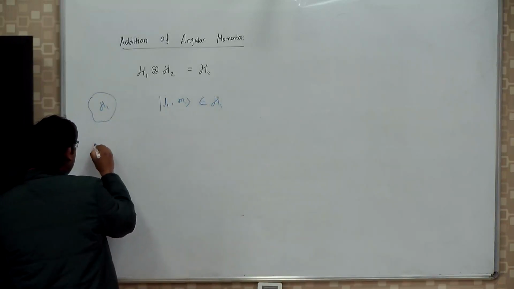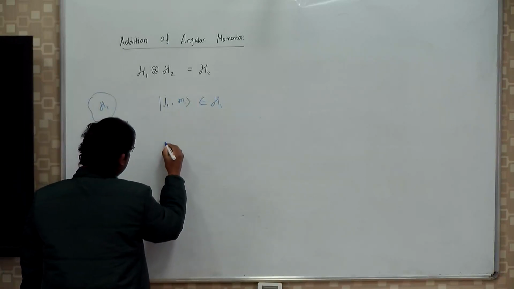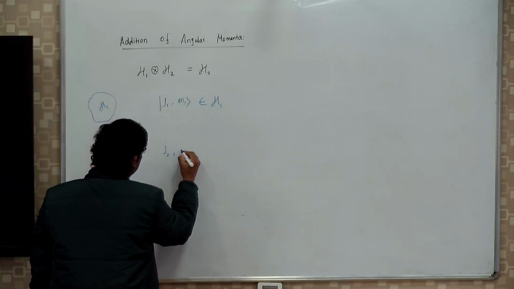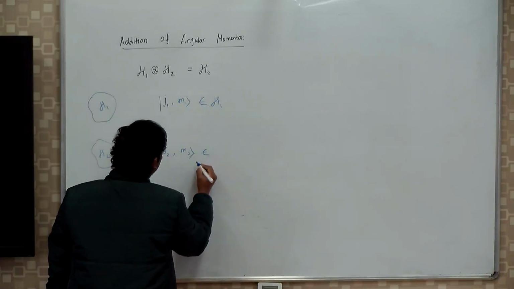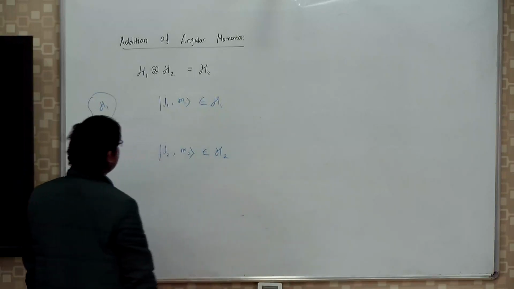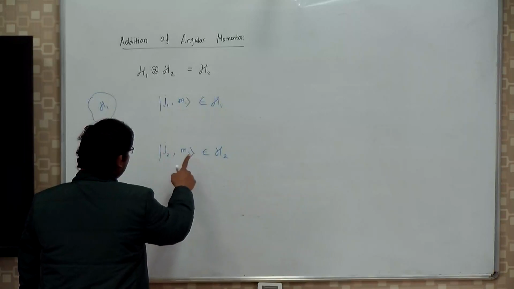The Hilbert subspace H2 can also be written with a state vector in terms of quantum numbers, J1 comma M1 ket and J2 comma M2 ket.